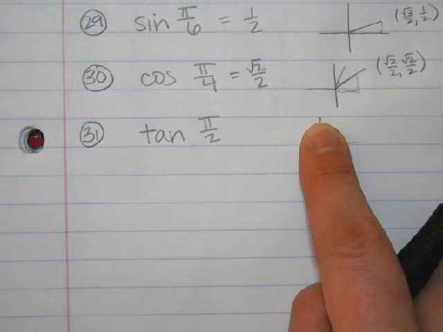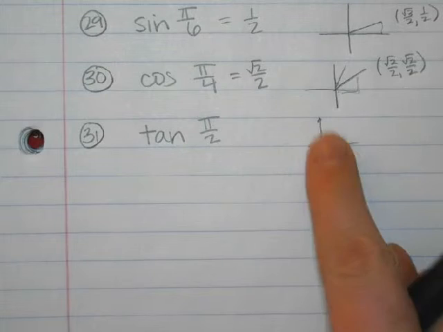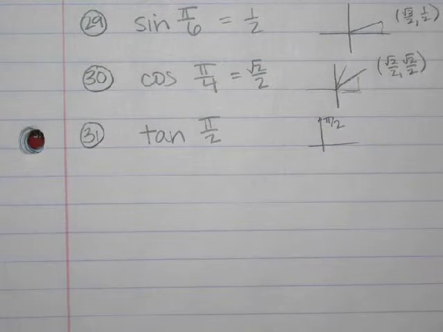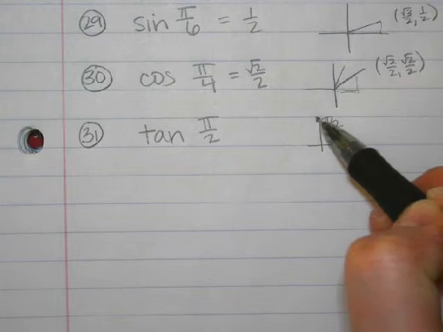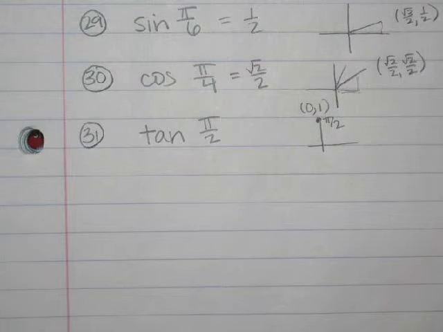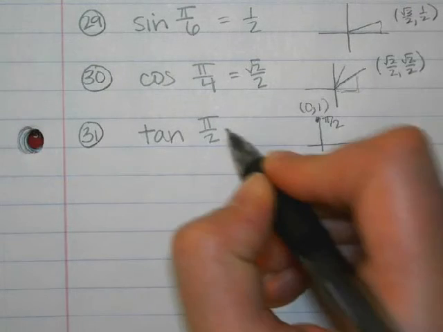Well, it would have been 1 over 1, not 1 over 0, if you wrote it as fractions. So this point right up here, this is where pi halves is, right at the top, right? And what's the point at pi halves? 0, positive 1, because it went up, right? And then if we do tan, we're going to do 1 divided by 0, which is undefined.